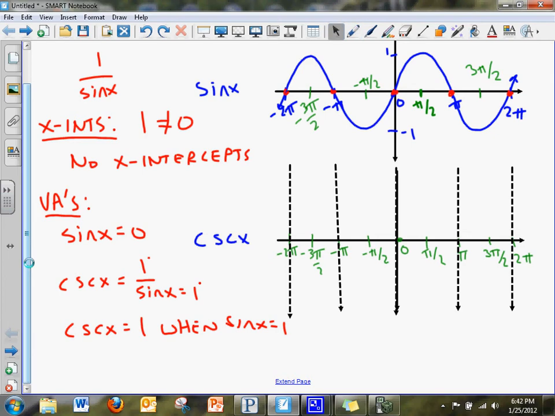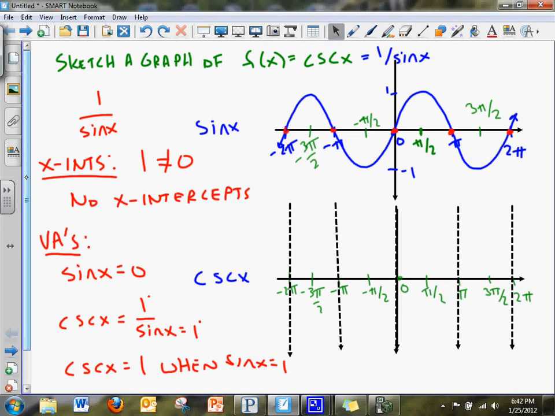So sine is equal to 1, cosecant is also equal to 1. So whenever it's equal to 1, let's label it as a 1 right there. That's where cosecant is also equal to 1. Same thing with negative 1. Whenever sine is equal to negative 1, cosecant is also equal to negative 1. So you can see it alternates up and down.